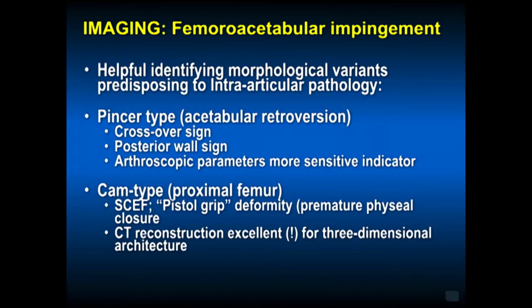CT reconstruction is excellent for determining the three-dimensional architecture in the proximal femoral pistol grip or cam type deformity for FAI. FAI can exist with pincer only, cam only, and oftentimes is both.